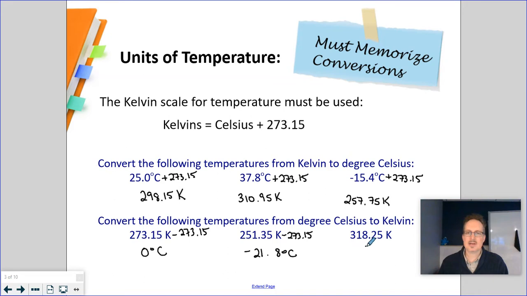And the last one, minus 273.15, is going to get us 45.1 degrees Celsius. So to get into Kelvin, you add 273.15. To get out of Kelvin, you subtract 273.15.